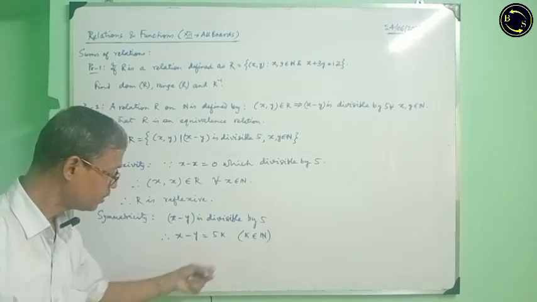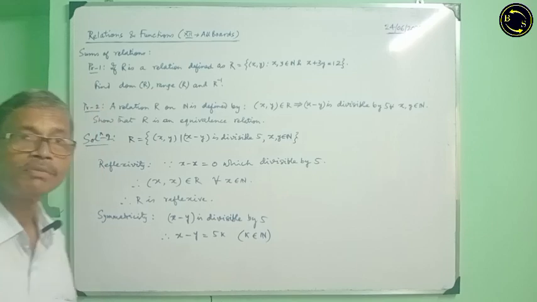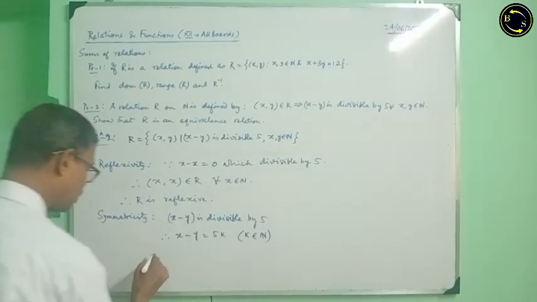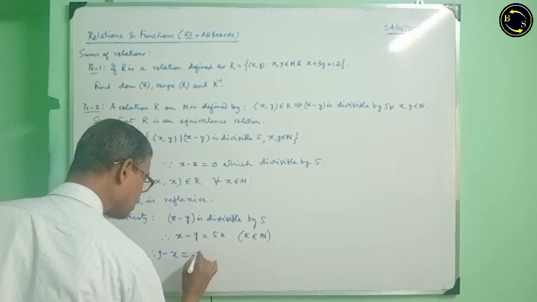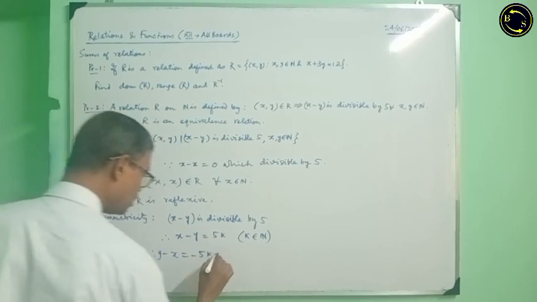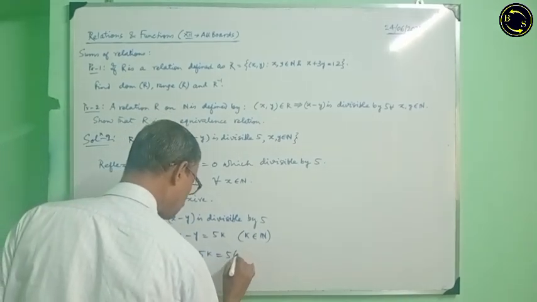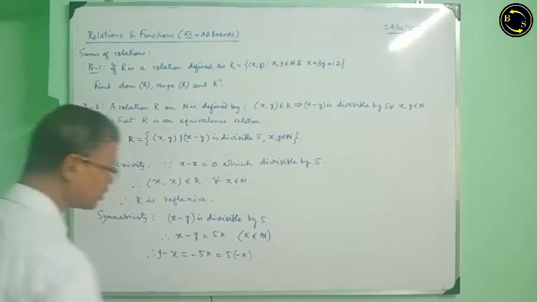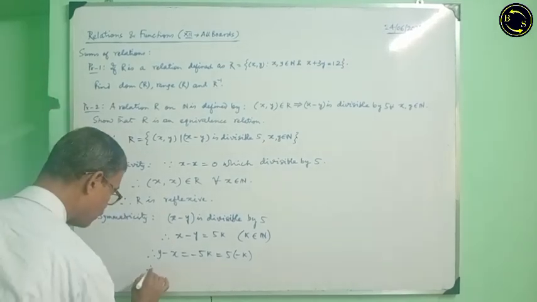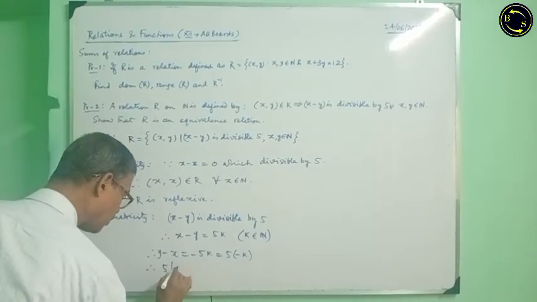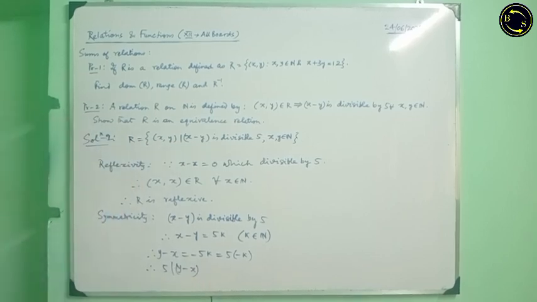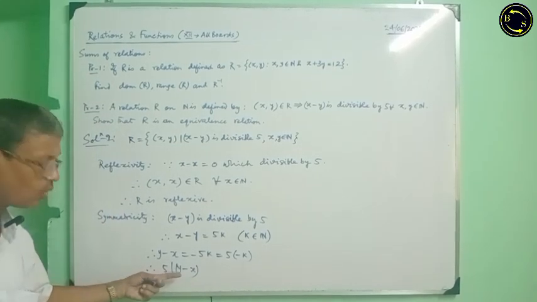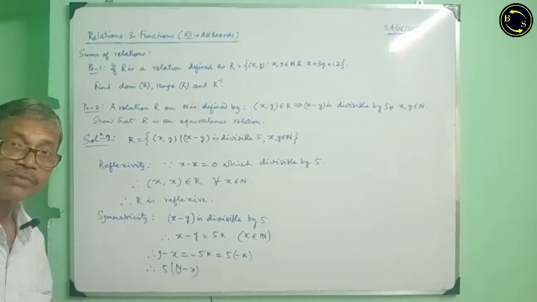Divisible by 5 means x minus y is a multiple of 5. Therefore, y minus x is equal to minus 5k, that means 5 into minus k. Therefore, 5 divides y minus x. In other words, y minus x is also divisible by 5.